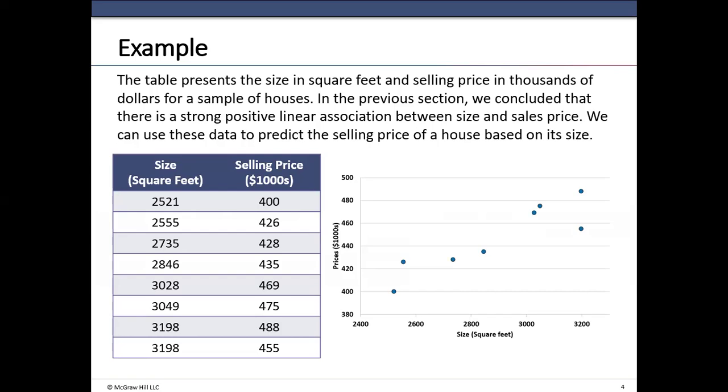What do I mean by the equation of the line? We find the relationship between x and y, a straight line relationship. And the two quantities that we are interested in are the slope and the intercept of the straight line. The slope gives us the change in y of a point on this line per unit change in x.